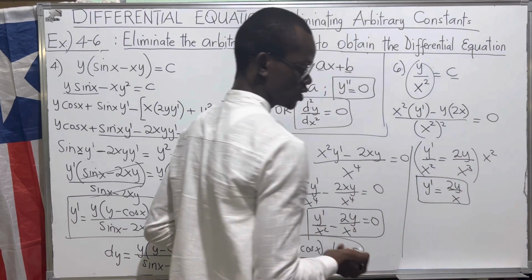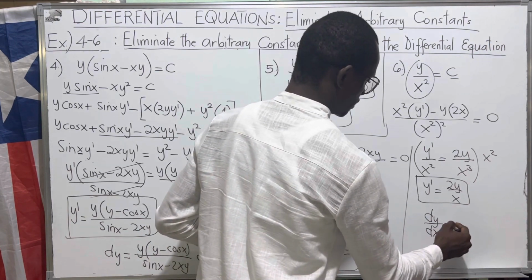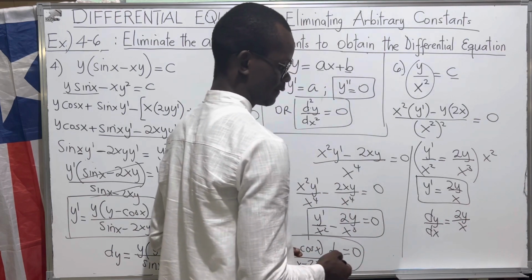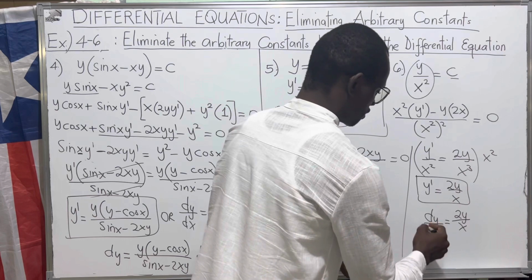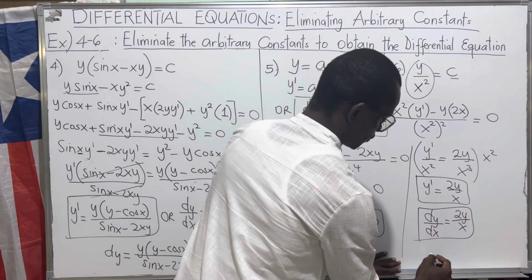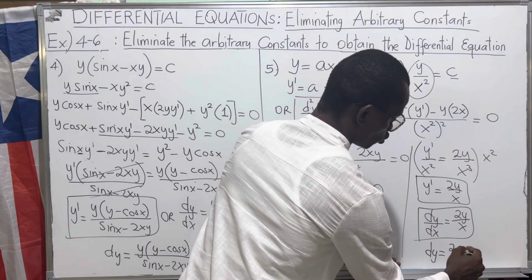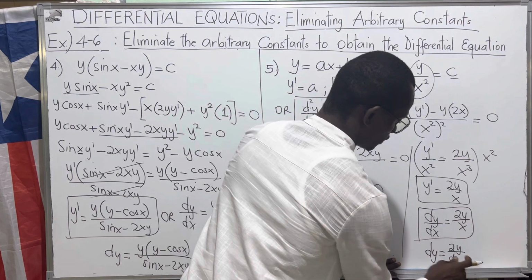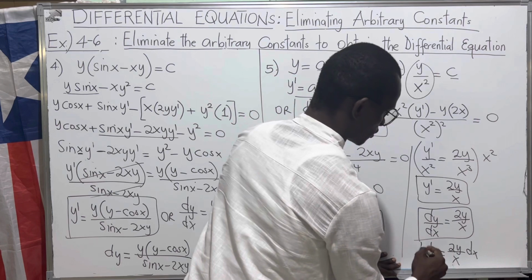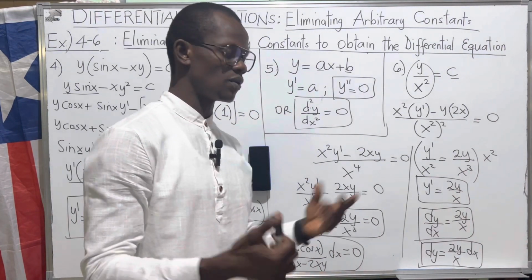So this is the differential equation. Or we can say dy by dx equals 2y over x. We can also multiply this whole thing by dx, therefore having dy equals 2y over x, then dx. You can even send it to the left hand side of the equation, whichever way you want to do it.